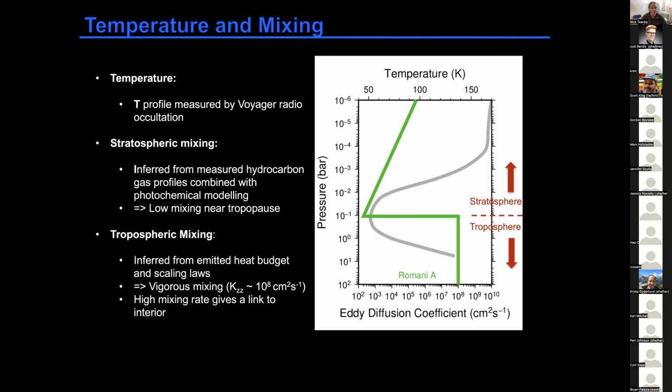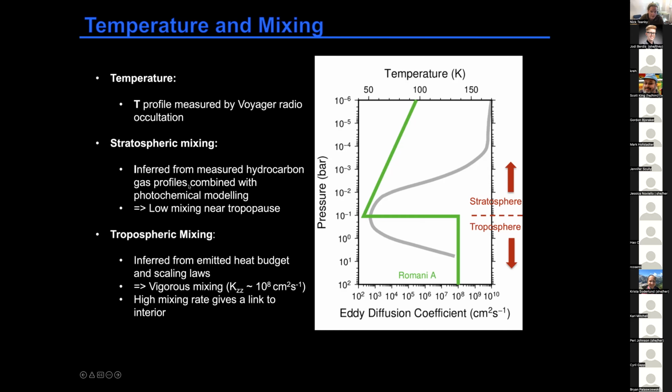So temperature. We measured temperature with the Voyager radio occultation back in the 80s, which is this nice grey line here, nicely smoothed, so all the wiggles have been removed. That tells us something about the mixing processes in Neptune's atmosphere.